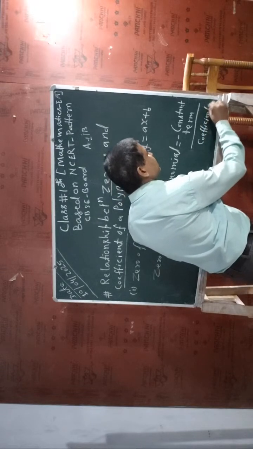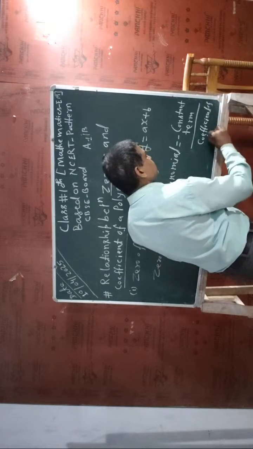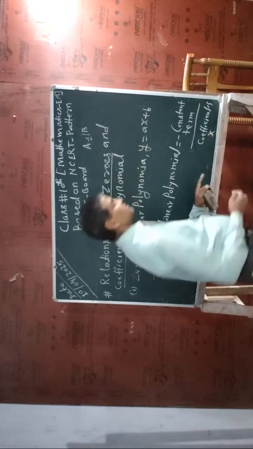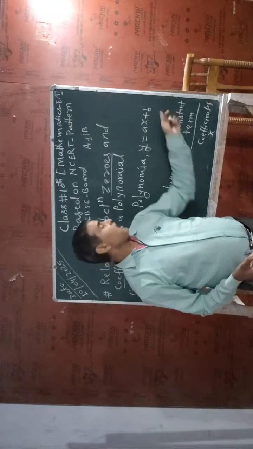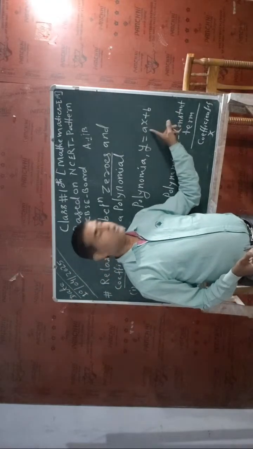It means that here the constant term is b and the coefficient of x is a.